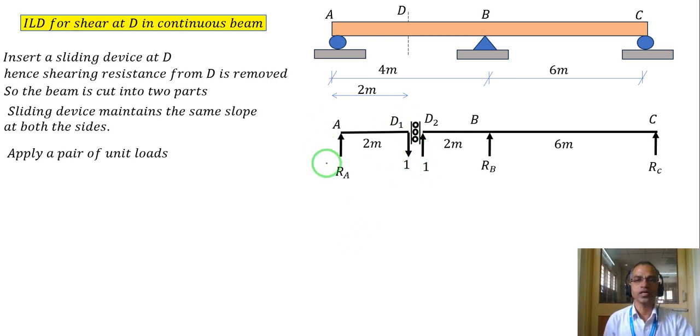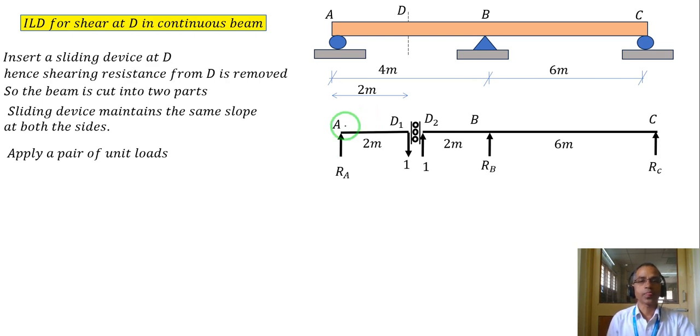Then taking each of the portions separately, AD1 and D2C, first of all I would like to find the reaction RA for portion AD1, and RB and RC for portion D2C, taking moments at the respective points. So I will be able to find the reactions.